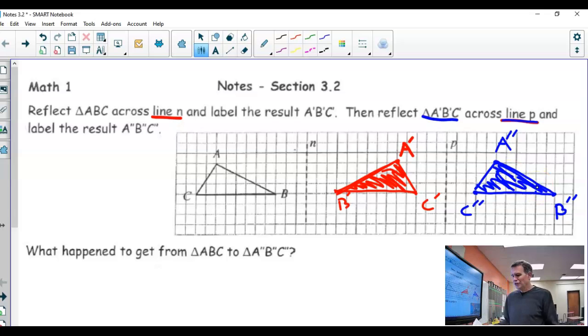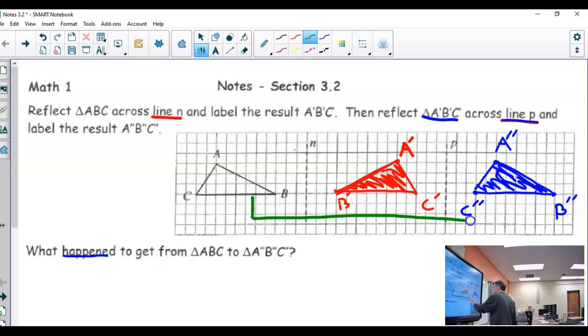All right, I want to look at what we've actually done here. So what happened to get from triangle ABC to A double prime, B double prime, C double prime? Essentially, what happened to go from here to here, right?